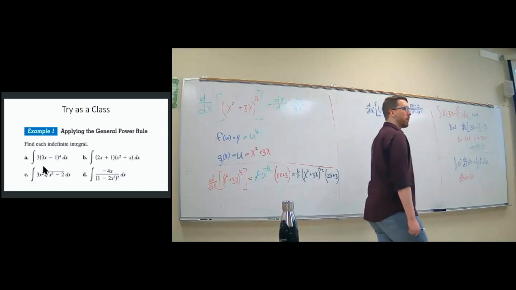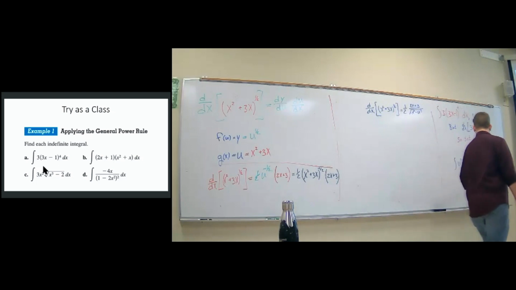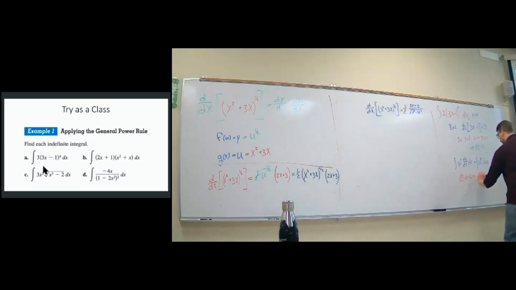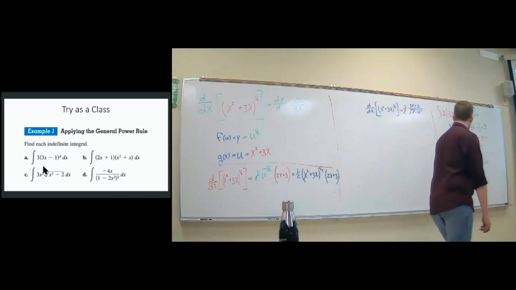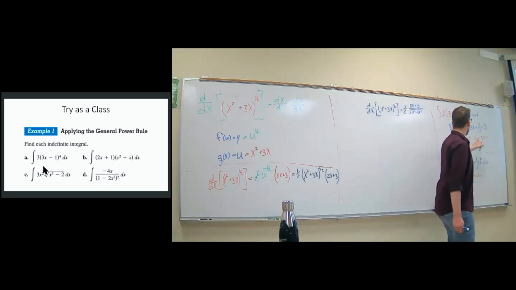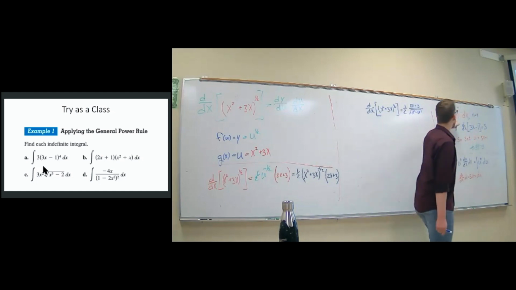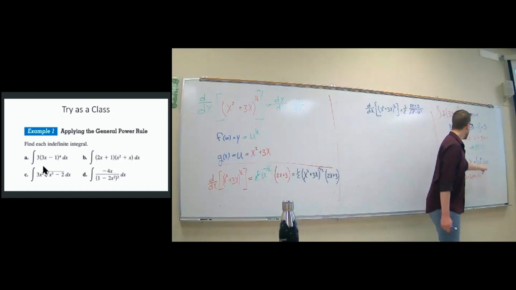We're going to replace that with du. We're just going to write du right now. And we already said u is equal to 3x minus 1. So now we're going to come back to our original equation and rewrite it using du and u. Is everybody cool with that?